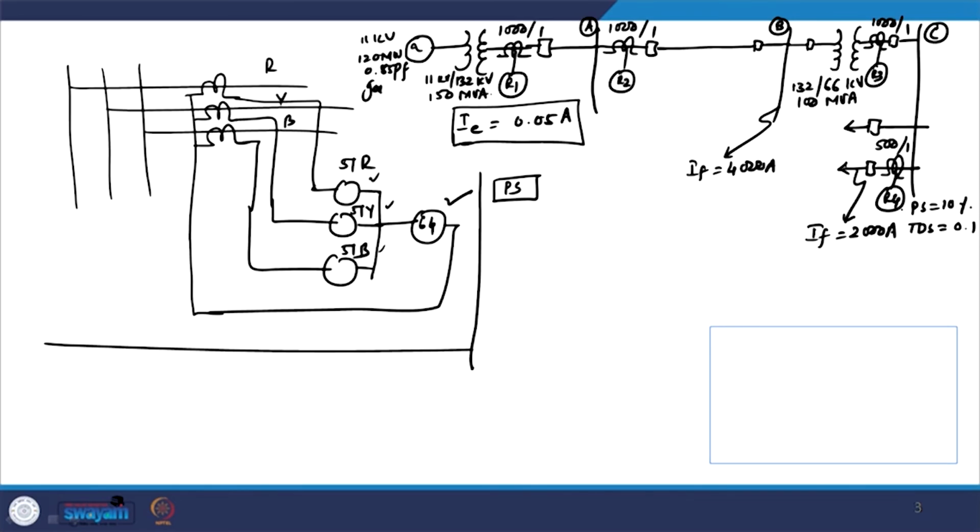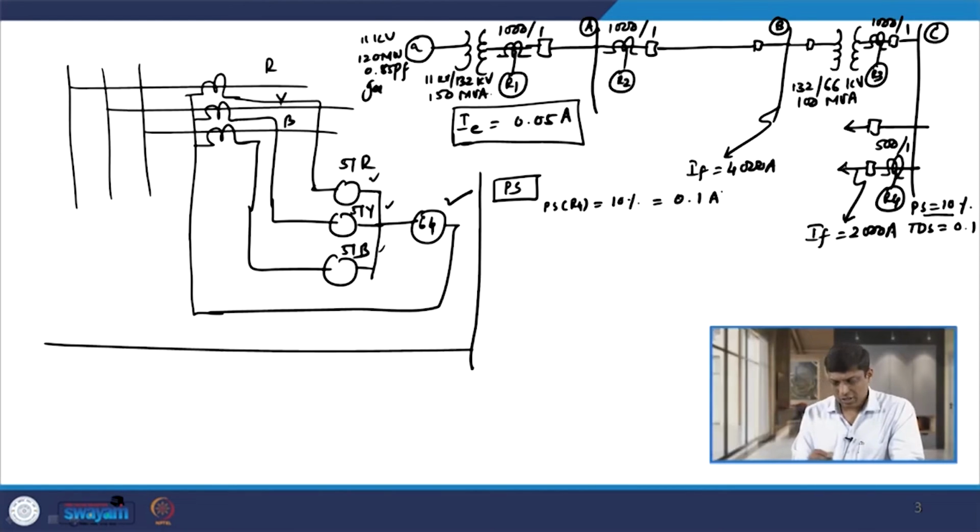Now, plug setting of relay R4 is given as 10%. So, if I write plug setting of R4, it is given as 10%. It is basically 10% of secondary, that is 0.1 ampere. Now, if I consider the excitation current of 3 line CTs, one is given as 0.05. If I multiply this 0.05 by 3, it becomes 0.15.